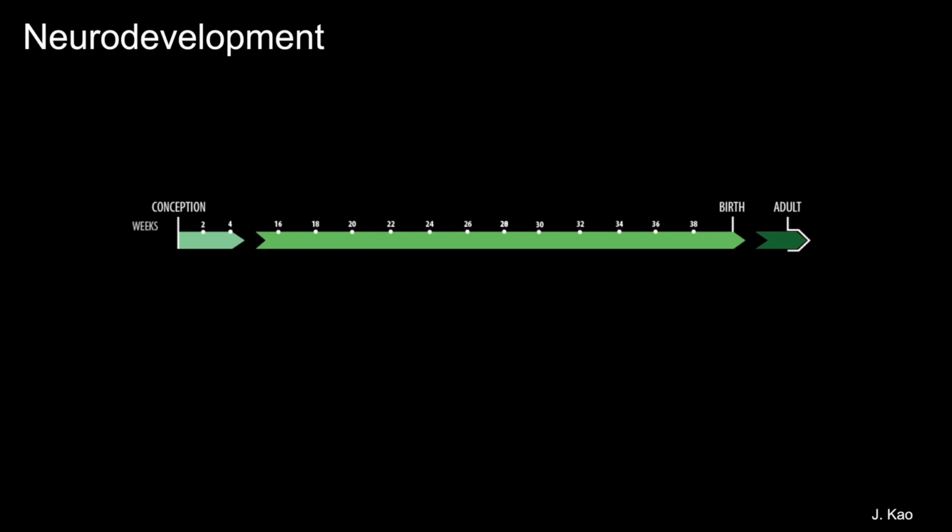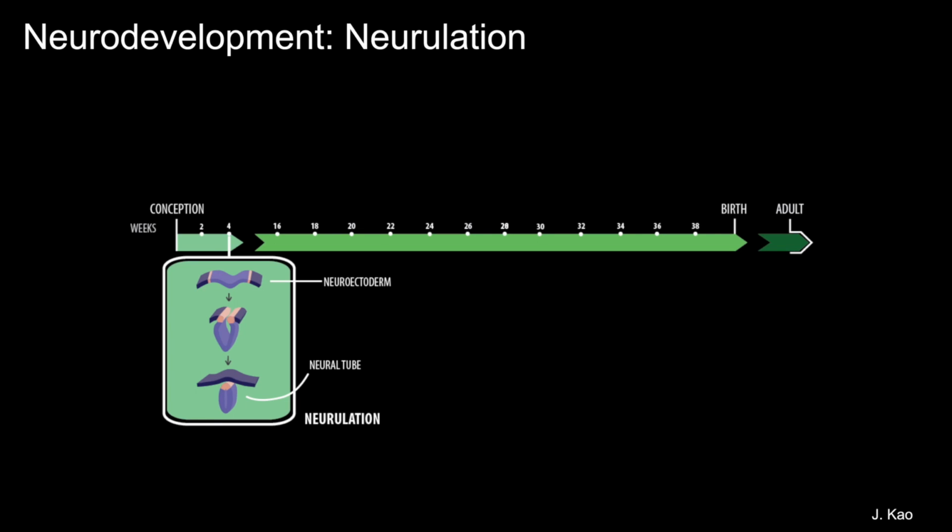And basically, as we know, neurodevelopment occurs almost entirely in utero, and really our brain begins to be formed after the fourth week of in utero life during a process called neurulation, where you have this neuroectoderm, one of the three germ layers, fold up upon itself to form this neural tube that will go on to form the spinal cord and cerebral cortex and cerebellum, and so on and so forth.